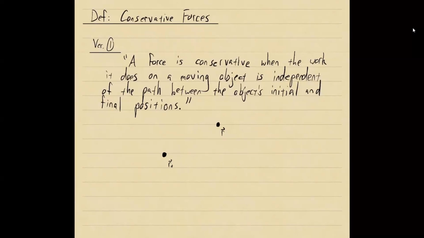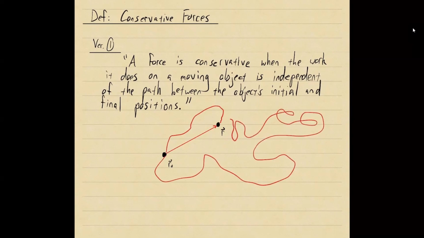This is saying that if the forces acting on this thing to move it from here to here are conservative forces, it doesn't matter if the object goes from here to here, or if the object took a weird path like this, or there's a whole bunch of funny business before eventually getting to this point here. If the force is conservative, then the work that this conservative force does in moving the object from here to here won't depend on the path.